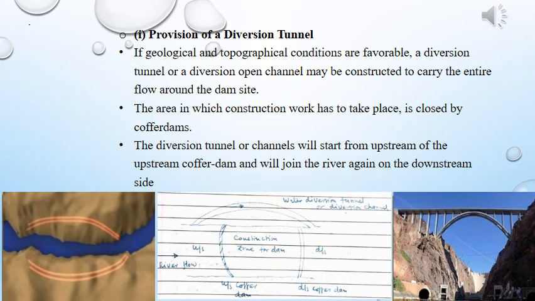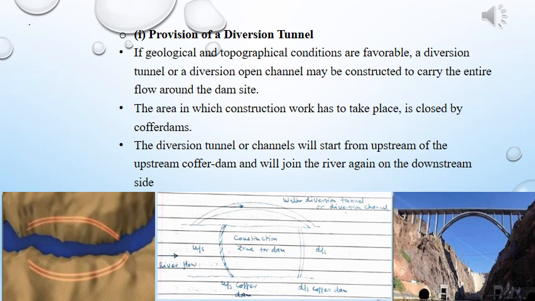The first method to divert water temporarily is by constructing a diversion tunnel. Suppose the topographical conditions are favorable, then a diversion tunnel can be constructed to carry the entire flow around the dam site, and the area in which the construction work has to take place is closed by the coffer dam.